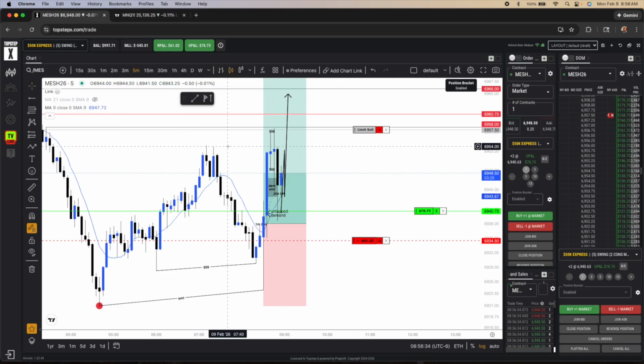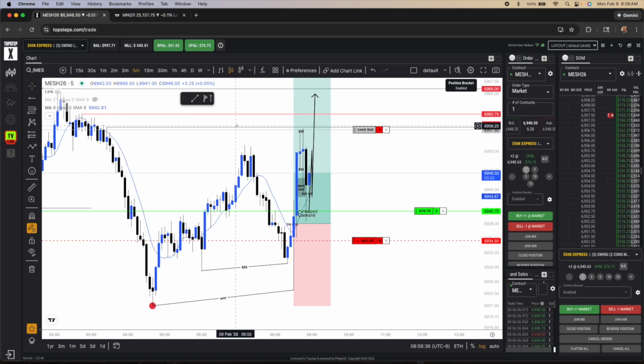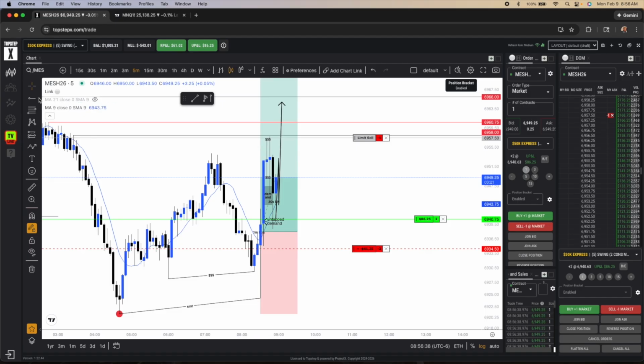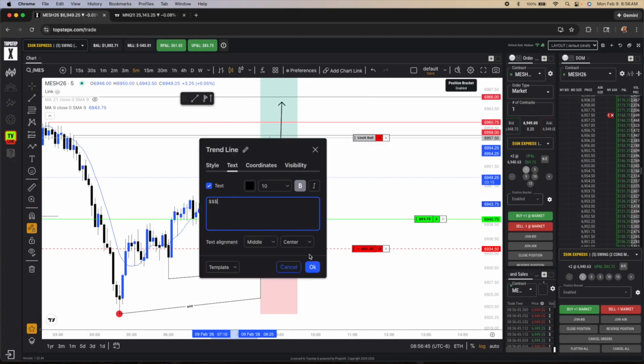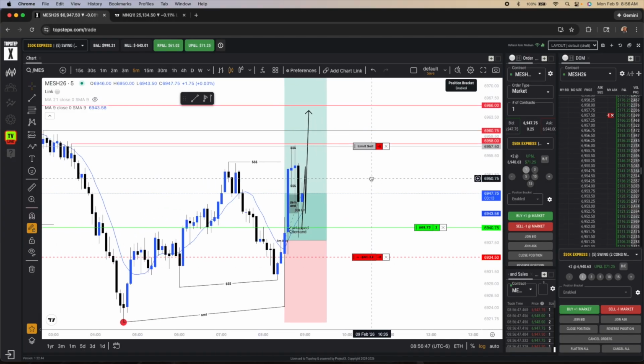We kind of got the sweep of the highs right here, but there's still liquidity resting above. So I think those Asian highs are going to be the target.